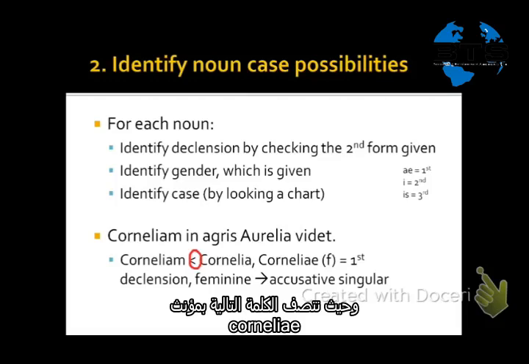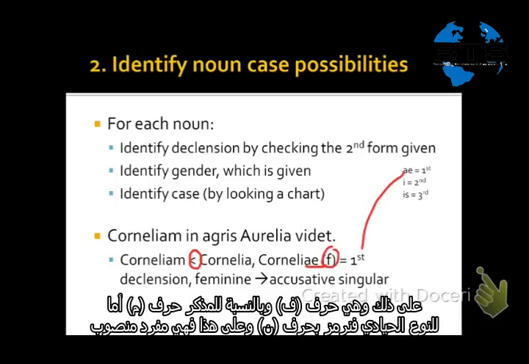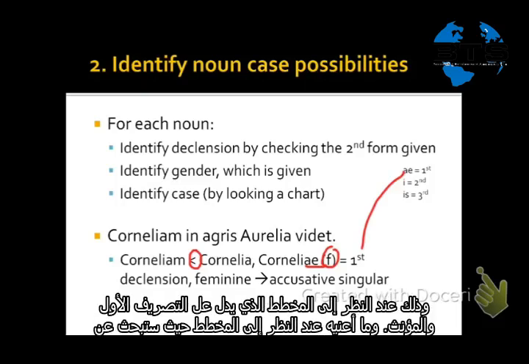So, it is first declension because it ends in that AE just like we said. And it's feminine because it ends with the F. For masculine, it ends in M. For neuter, it ends in N. So, it is accusative singular when you look on the chart for first declension, feminine.